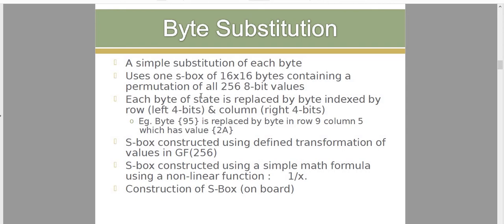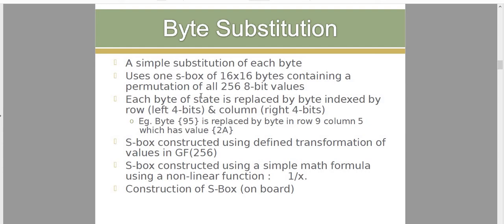Byte substitution. It is a simple substitution of each byte. It uses one S-box of 16 by 16 bytes containing a permutation of all 256 8-bit values. Each byte of the state is replaced by the byte indexed by row and column, where the S-box is on board.